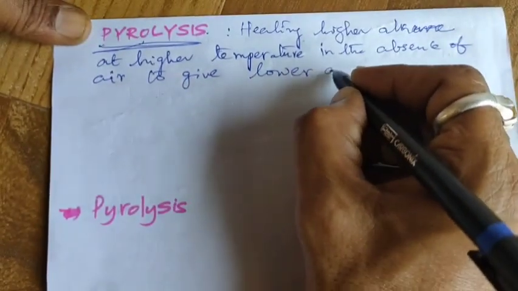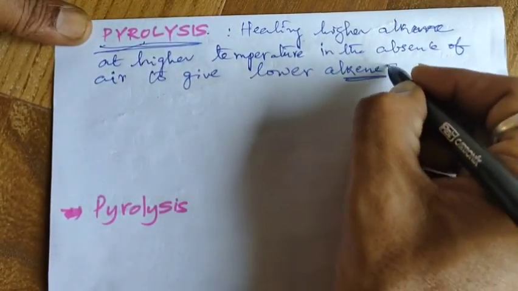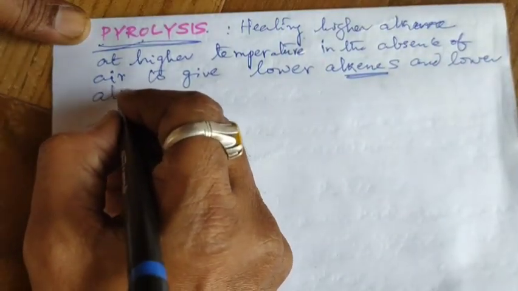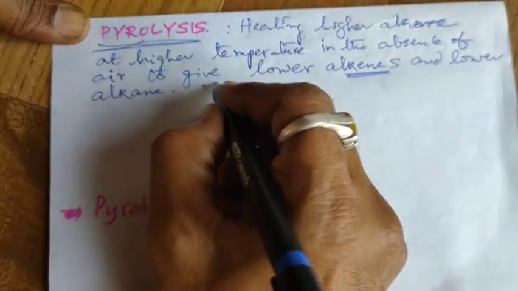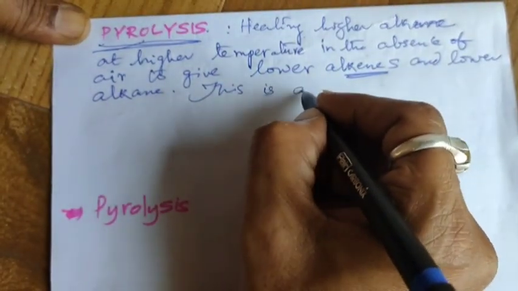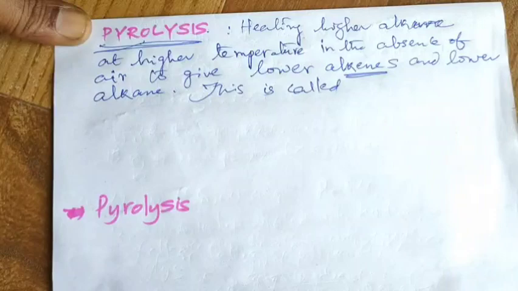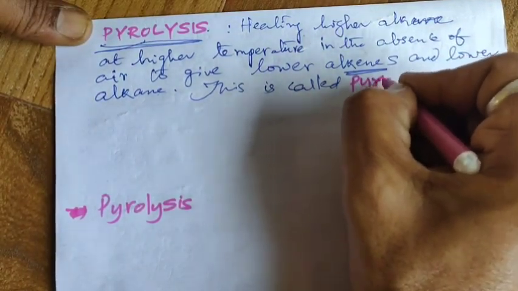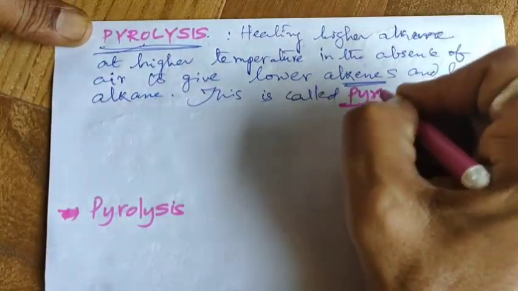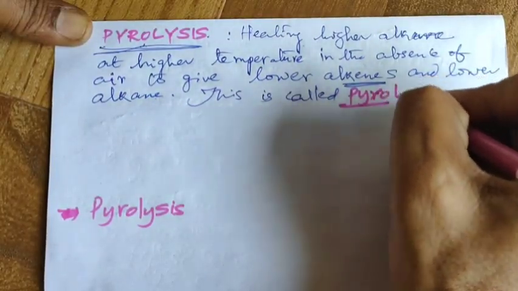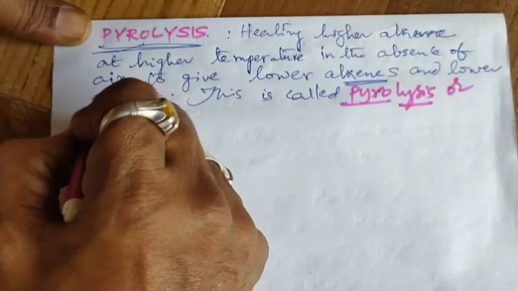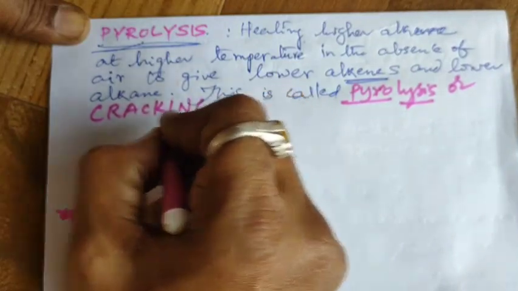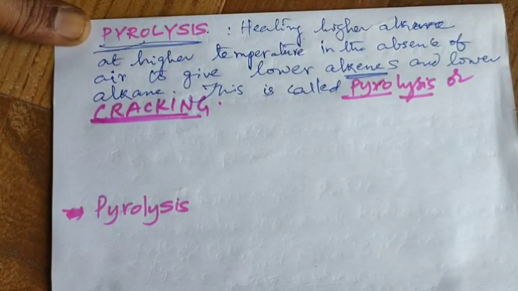They are called lower alkenes and lower alkanes. So this is called cracking or pyrolysis. Pyro means heat, lysis means breaking, pyrolysis or cracking. The carbon chain is broken, that's why it is called cracking.